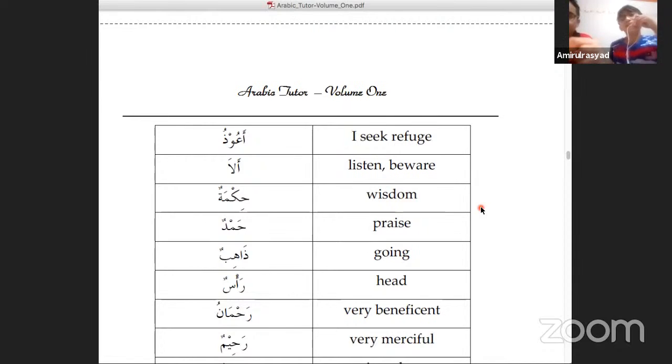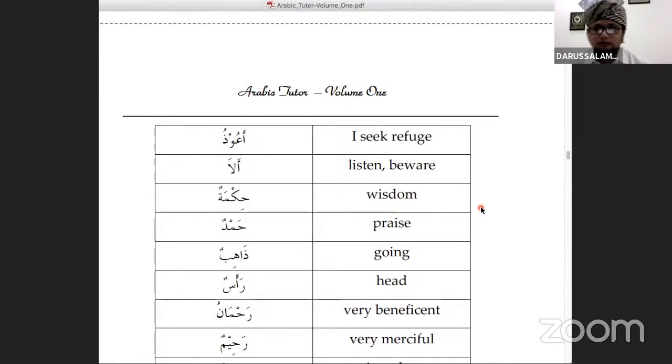Hikmah. Wisdom. Good. Benefit. What else? Hamd. Hamd. Praise. Say it. Praise. Hamd. Okay. Next.